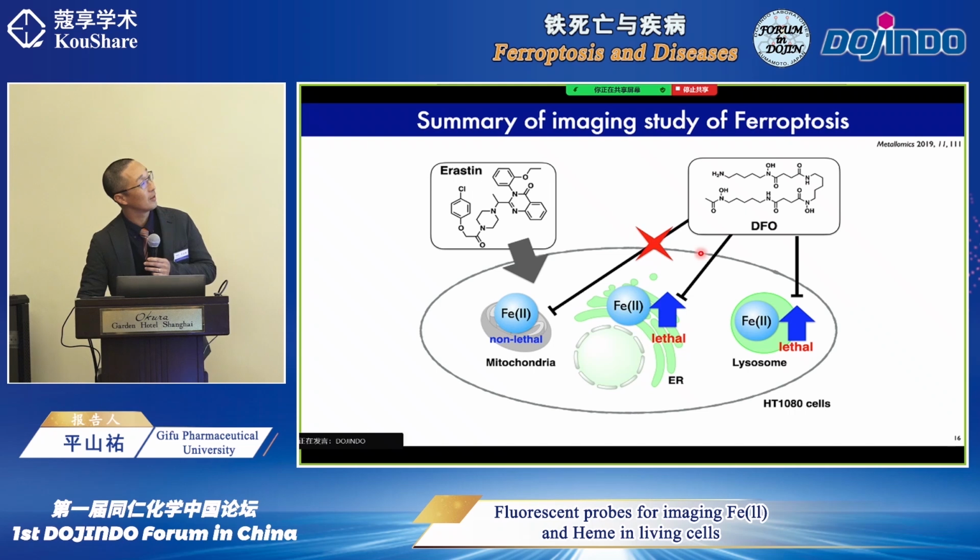So here shows the summary slide: erastin induces upregulation of Fe2+ in ER and the lysosome, but mitochondrial fluorescence signal was independent of Fe2+ status, and how Fe2+ changes during the erastin-induced cell death remains unknown. But anyway, the Fe2+ upregulation is essential for the lethality in the ferroptotic cell death.